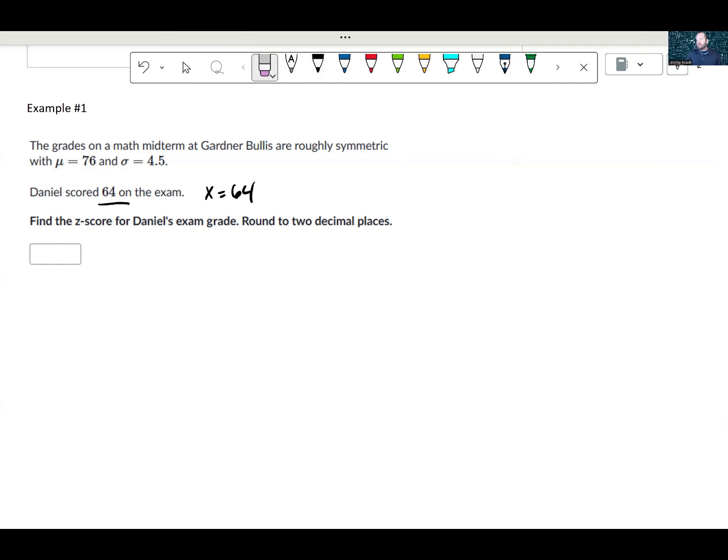And it just wants us to find the z-score. So z is equal to our data point minus the mean divided by the standard deviation.